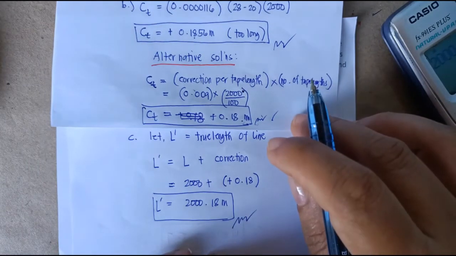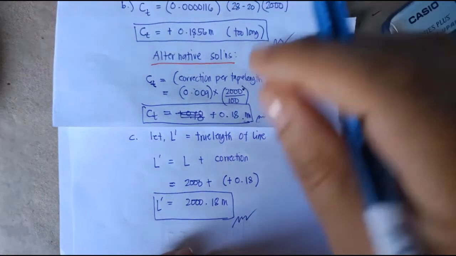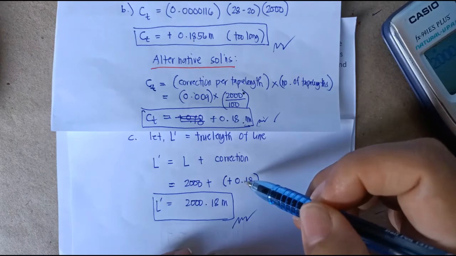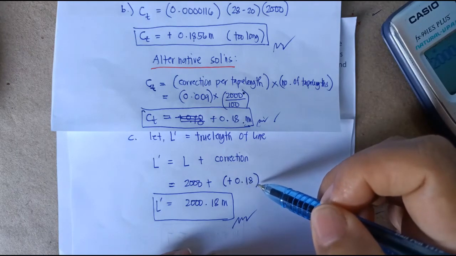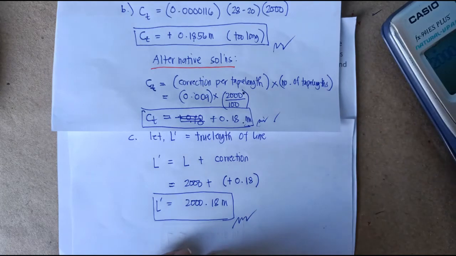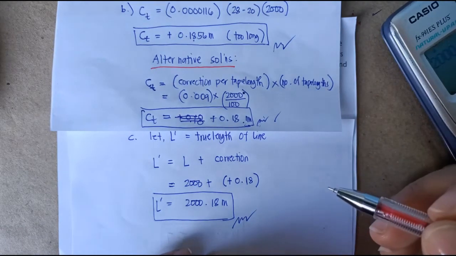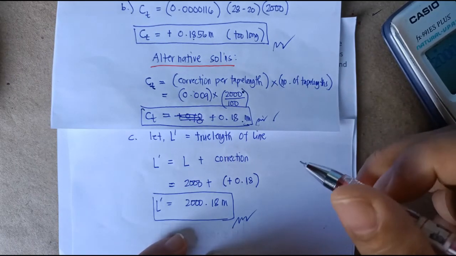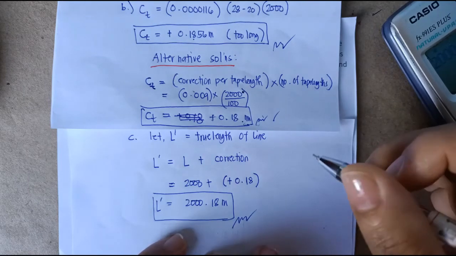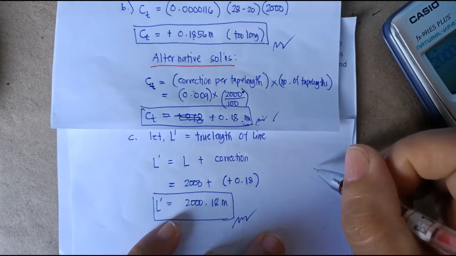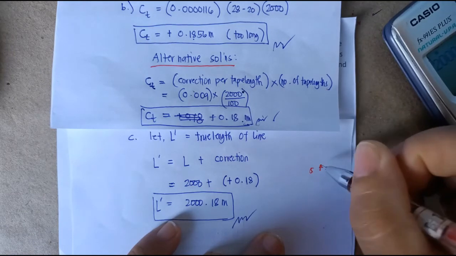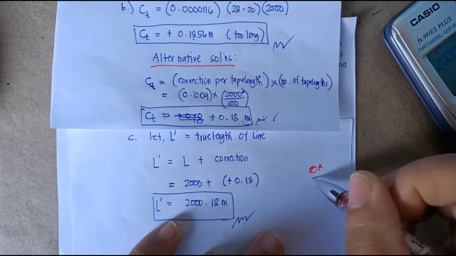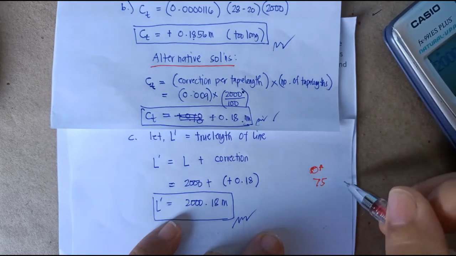Okay, so you might ask why when we round off the 0.1856 it gives us positive 0.18, not 19. So I would like to recap that when we round off numbers, we have three rules. If the number to be dropped is above 5, meaning greater than 5, then you have to round up.